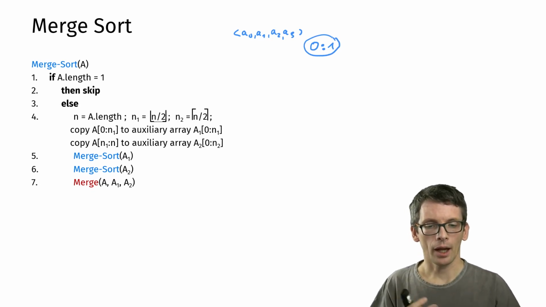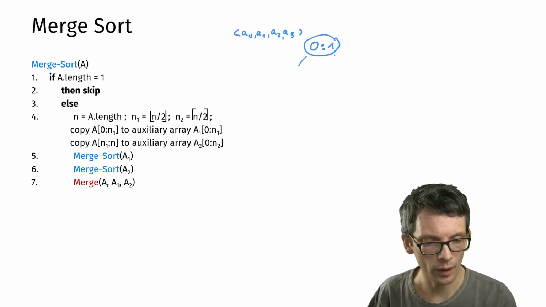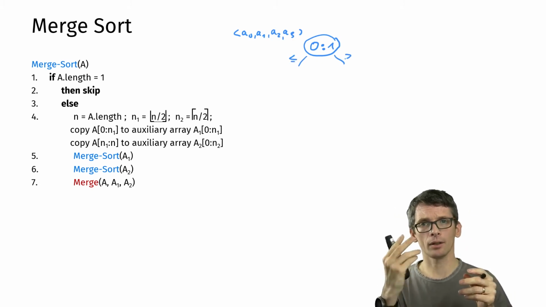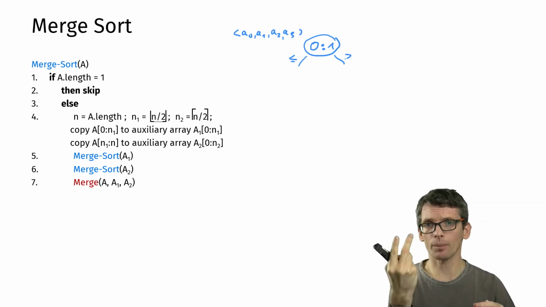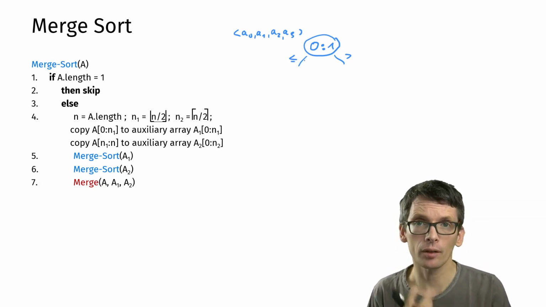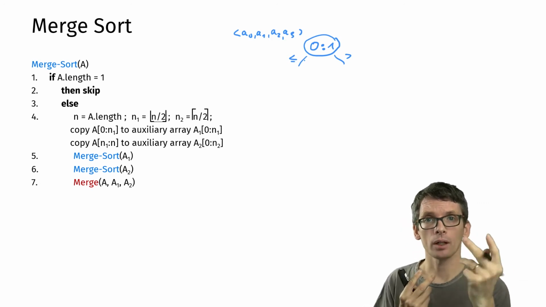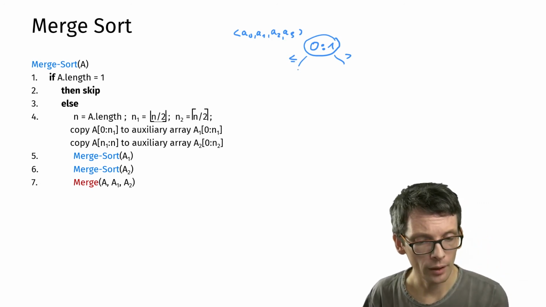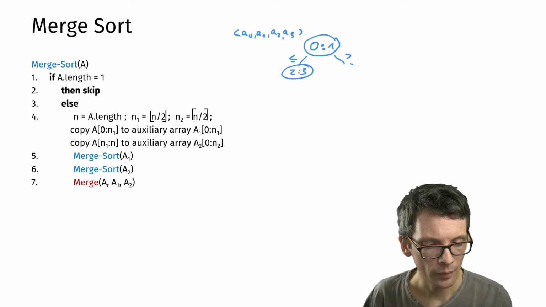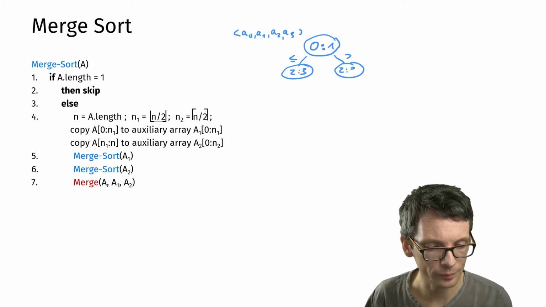And actually, independent of what happens in that comparison, I might swap A0, A1 or not, but the next step will be that I will sort A2 and A3. So here I have 2 and 3. Here I have 2 and 3.